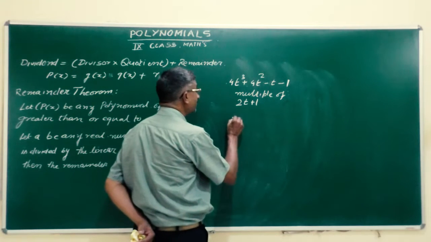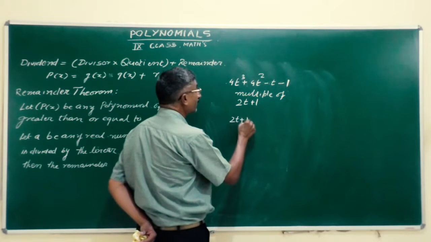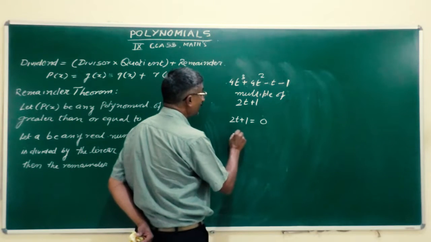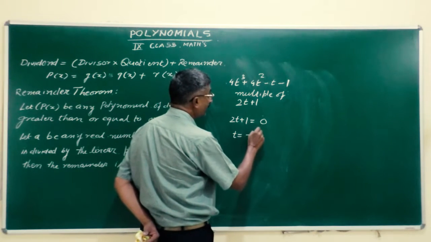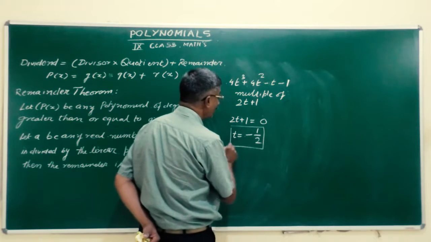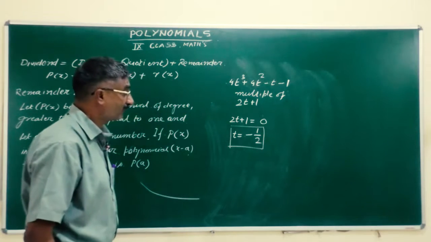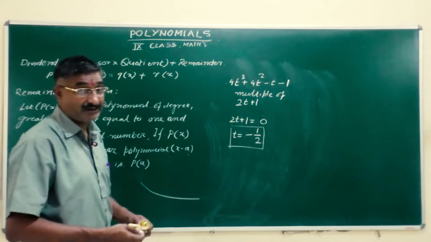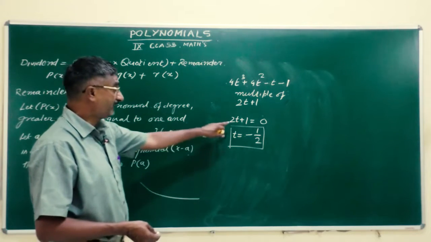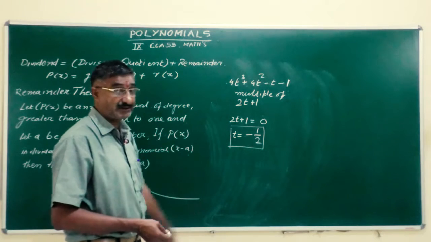So we can say that 2t plus 1 is equal to 0, so t is equal to minus 1 upon 2. If we substitute the value t equal to minus 1 upon 2 and get the remainder 0, then it is a factor.